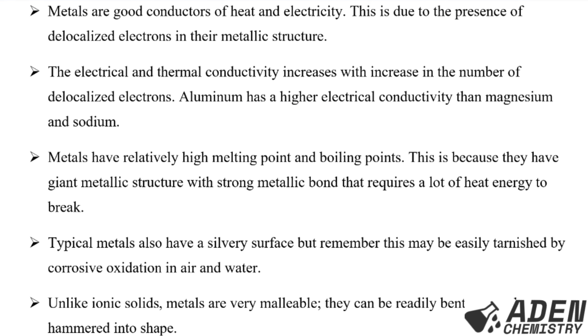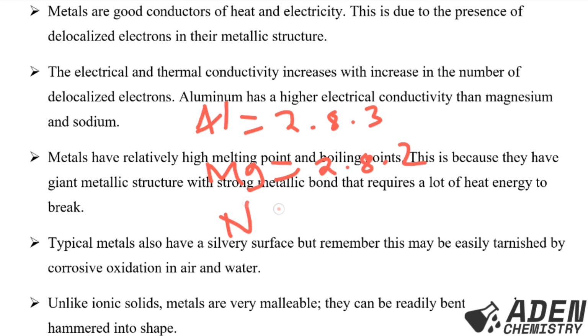Remember, aluminum has an atomic number of 13 with electronic configuration of 2,8,3. When we talk about magnesium, magnesium is number 12 and it has an electronic configuration of 2,8,2. Then sodium is number 11 with electronic configuration of 2,8,1.